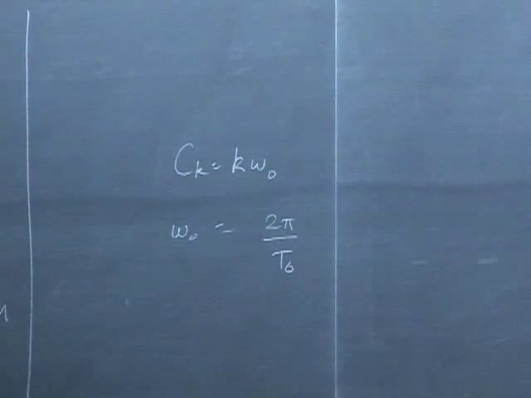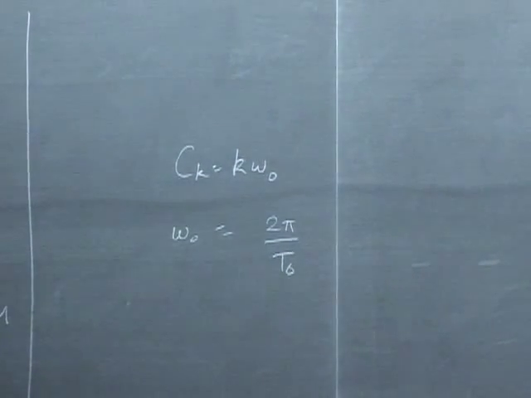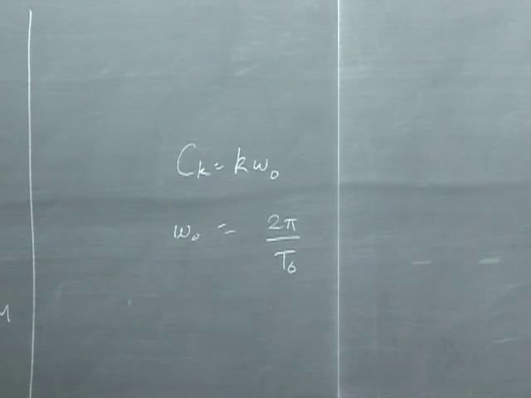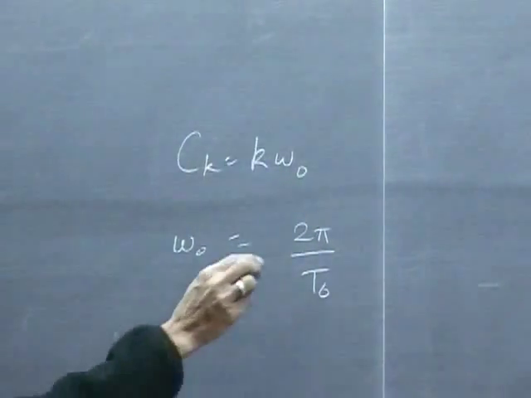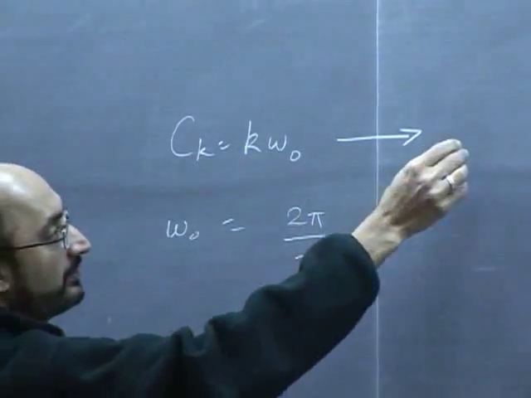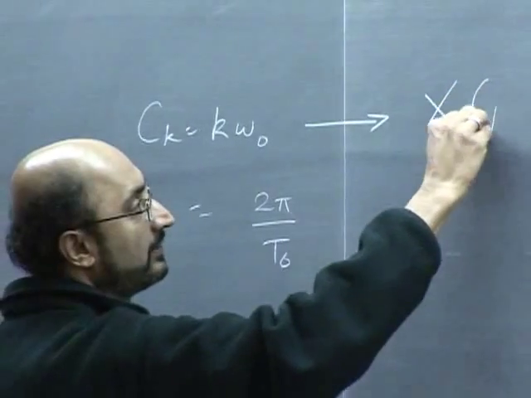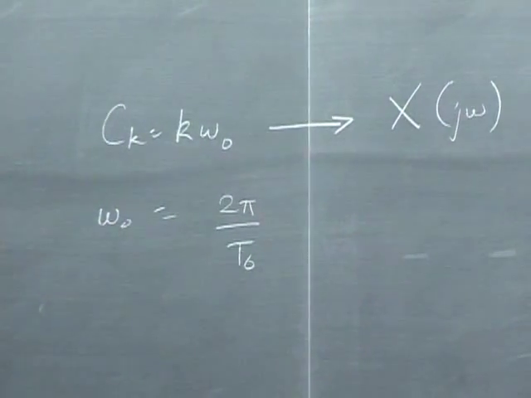And in the limit, what happens is that the Ck's form a continuous function. And so from Ck, we actually get a function of omega, which we'll denote as X of j omega.